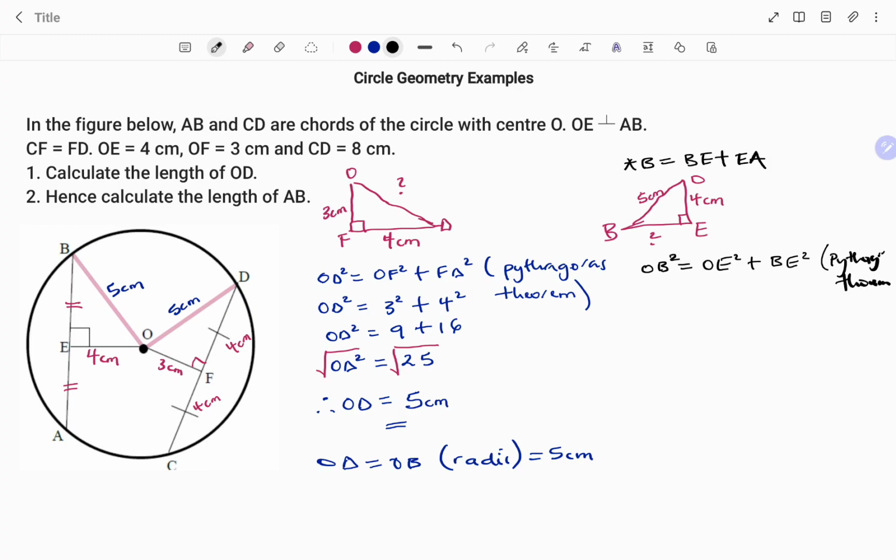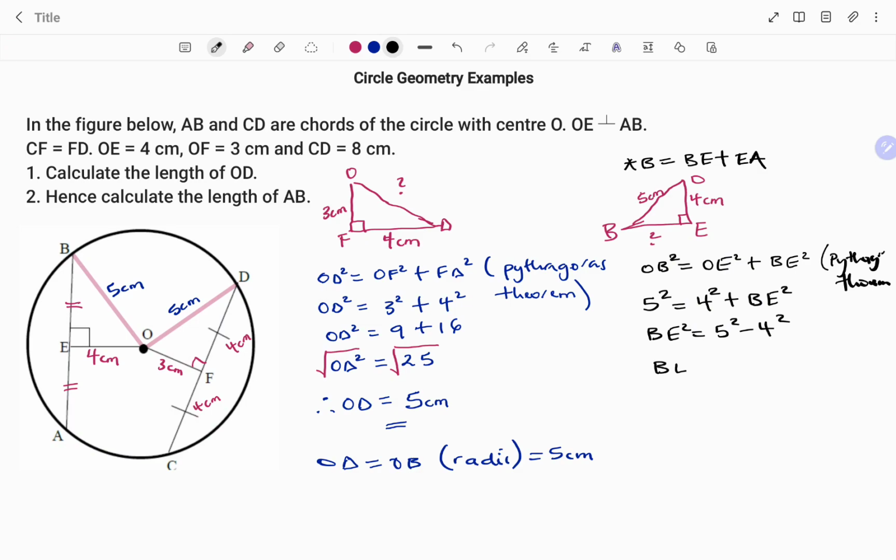Therefore, slotting in the parameters, I have 5 squared equals OE squared, that's 4 squared, plus BE squared. Making BE the subject of formula, I have BE squared equals 5 squared minus 4 squared.